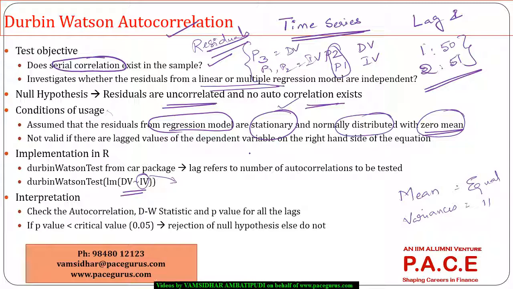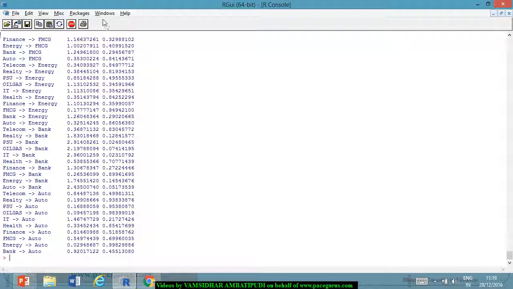This Durbin-Watson statistic is what we are using from the CAR package. We will load the CAR package. It is an advanced regression package, and that is what CAR stands for. So I would load the package with install.packages.